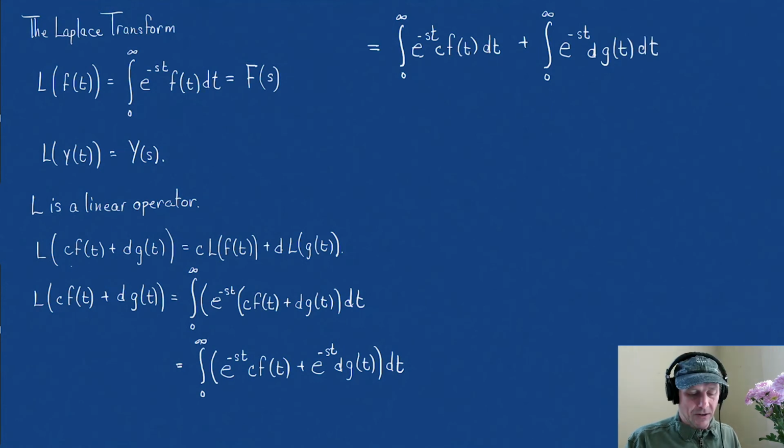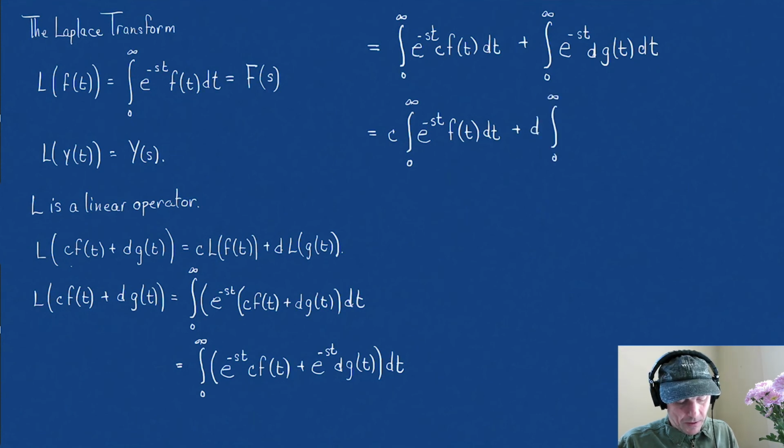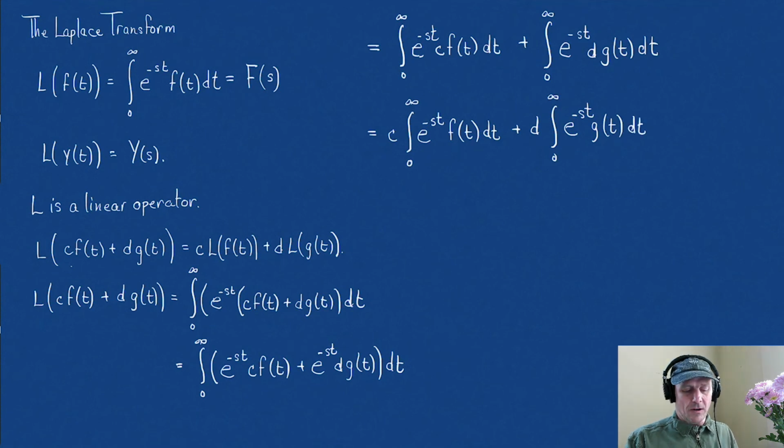Okay, and now I can factor out these multipliers. So this is c times the integral from 0 to infinity of e to the minus st f of t dt plus d times the integral from 0 to infinity of e to the minus st g of t dt.